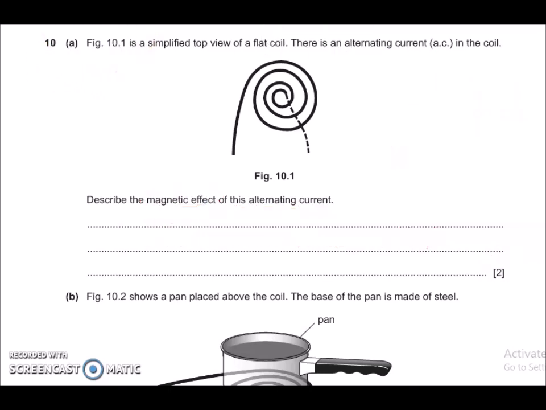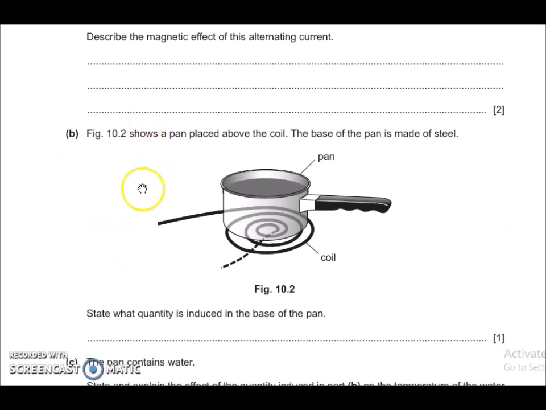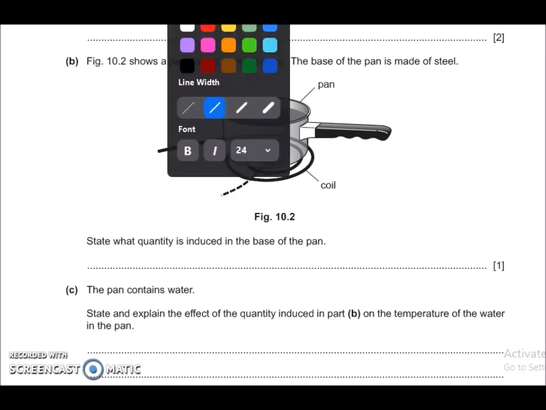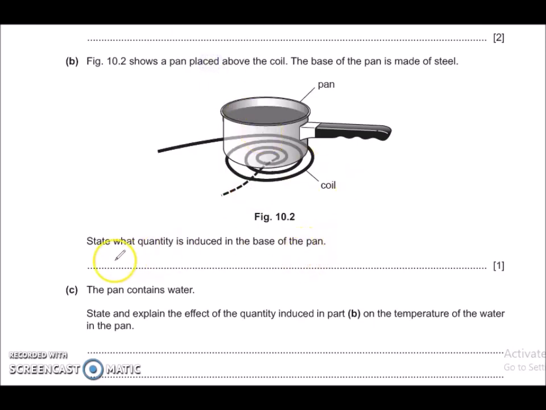Okay, come to the next one. Okay, for the pan placed below the coil, above the coil. Now you can say the base of the pan is made of steel. So when you have a coil changing magnetic field, what do you induce over here? Remember the one that I've taught you about this magnetic field, induced current.